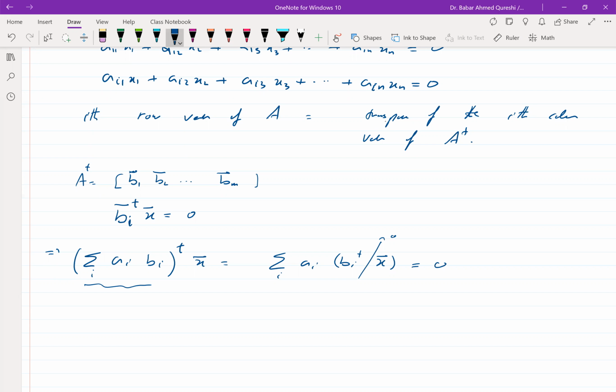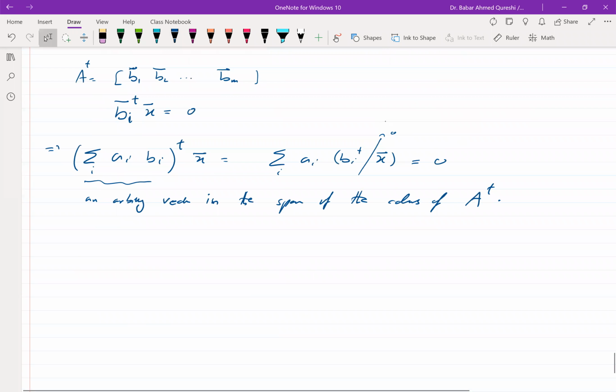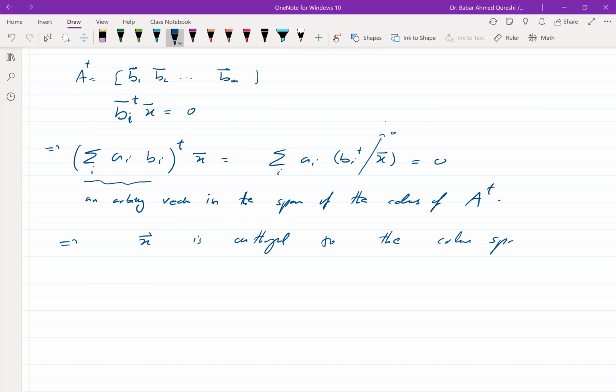But this is an arbitrary vector in the span of the columns of A transpose. So that means X is orthogonal to the column space of A transpose.